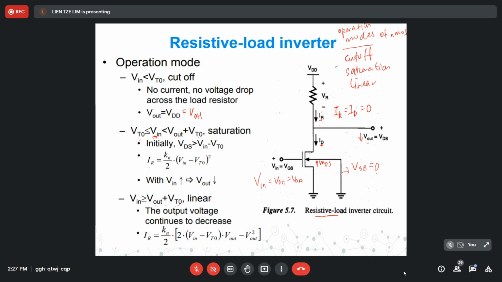Then the output voltage, of course, will decrease to VOL. Under this operating mode, the load current we can also calculate using this formula. So you see that for different operating modes, there are different formulas that we can use to calculate the load current.